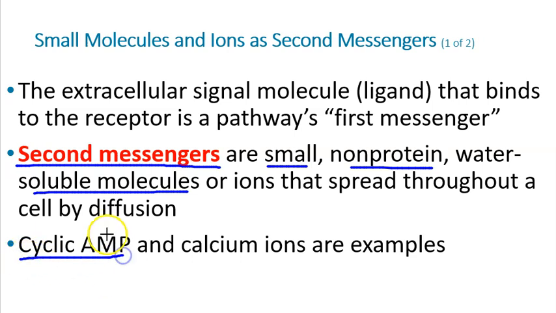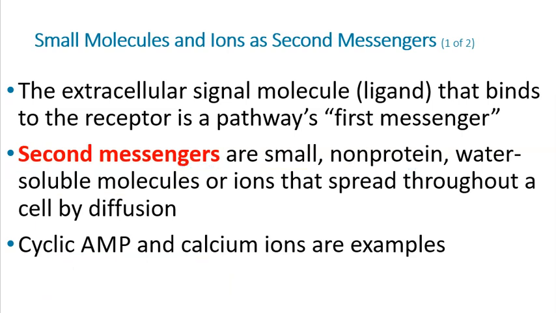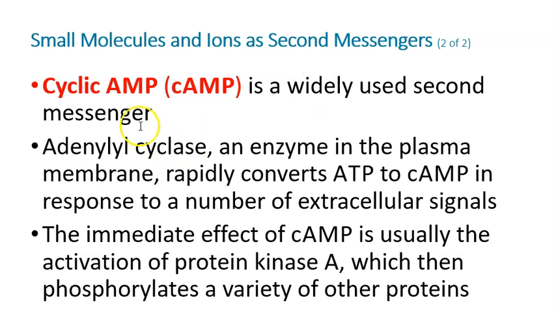Cyclic AMP, cyclic adenosine monophosphate, and calcium ions are examples of secondary messengers. cAMP is a very important molecule for us. It's written like that. Need to know about cAMP. Okay? And it is widely used.